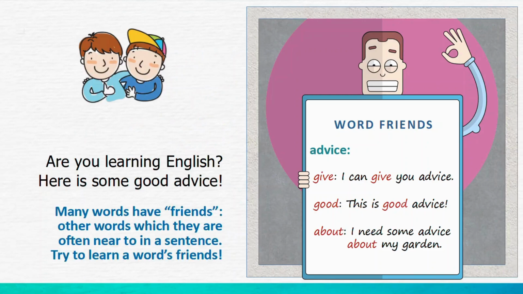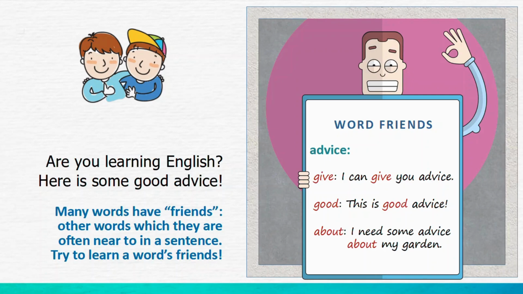Many words have friends, other words which they are often near to in a sentence. Try to learn a word's friends. So, for example, the word advice can be used sometimes near the words that you see in red. So, give is a word friend of advice. You say, for example, I can give you advice, or can you give me advice?